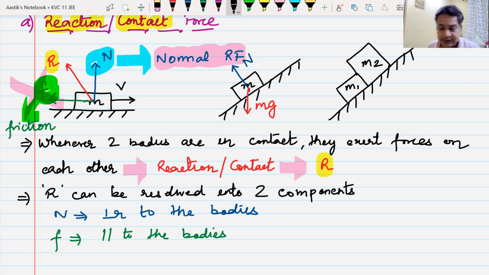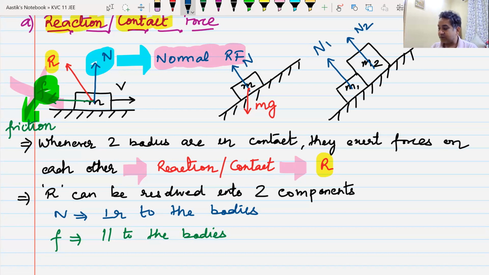And then if I ask what will be the contact forces on these two bodies, one contact force would be coming from the ground. So you can see N1 and N2. N1 and N2 are coming because of the force from the ground.